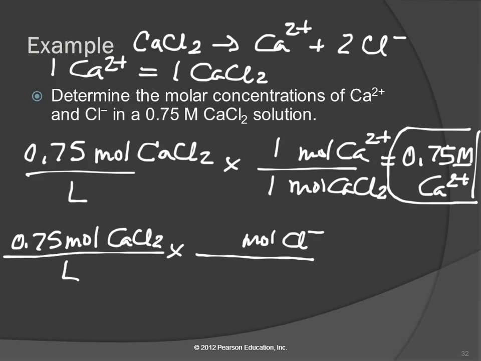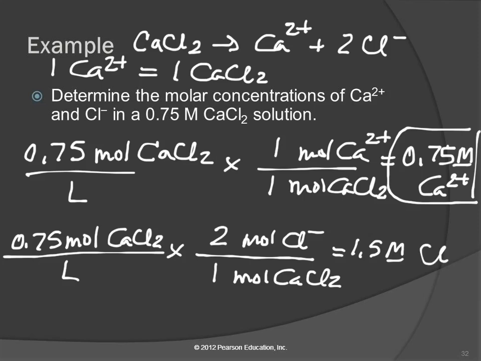So we're going to multiply by moles of chloride and divide by moles of calcium chloride. How many moles of chloride are in 1 mole of this? 2. There are 2 moles of chloride ions in every 1 mole of that. So this solution is 1.5 molar in chloride ion.